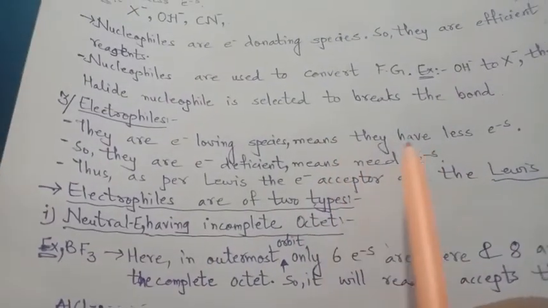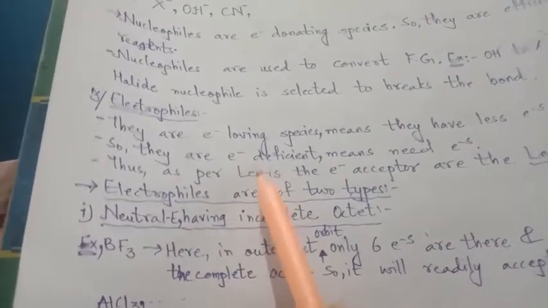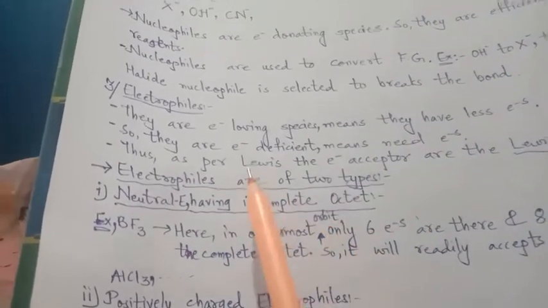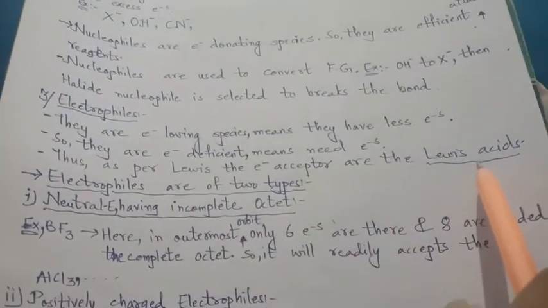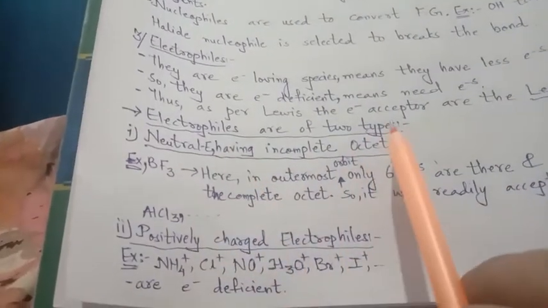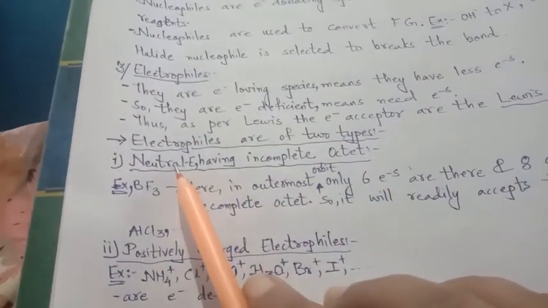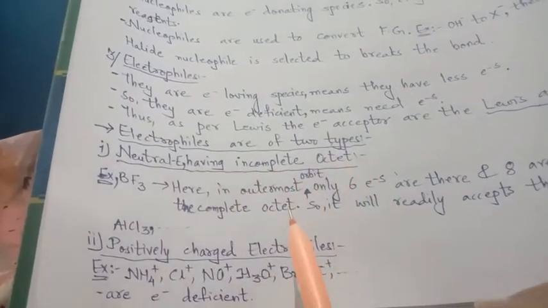This means they have fewer electrons. They are also called electron deficient, meaning they need the electrons. And as per Lewis, they are the electron acceptors, so Lewis acids. Electrophiles are of two types. They can be neutral electrophiles, which have an incomplete octet.